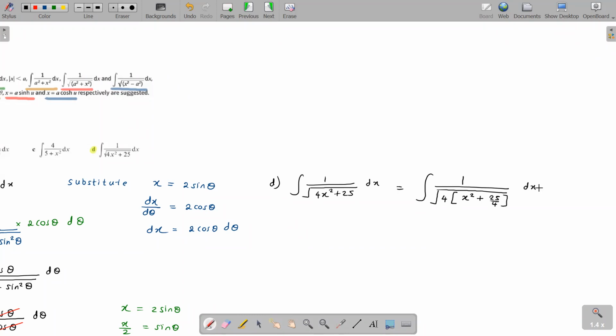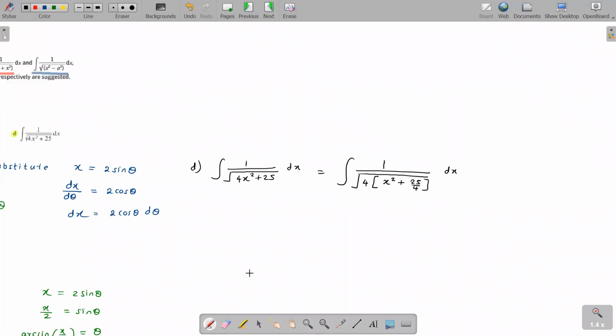Do you see what I did here? And then what I can do is now, I can take the 4 out of the root because this 4 is inside this root. Do you see? I have a square root here. So I can take this 4 out of this root. It comes as a 2. And then inside the root we have now x square plus 25 over 4. Are you with me? So this is basically half.